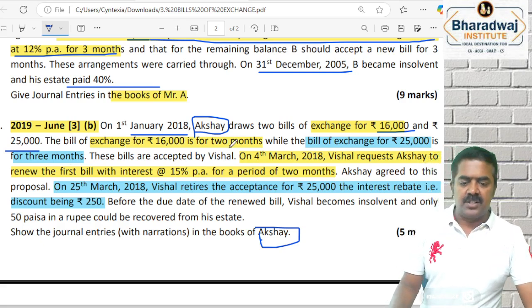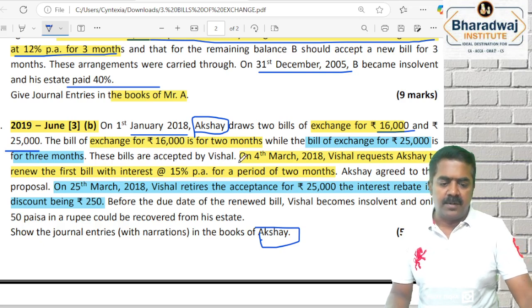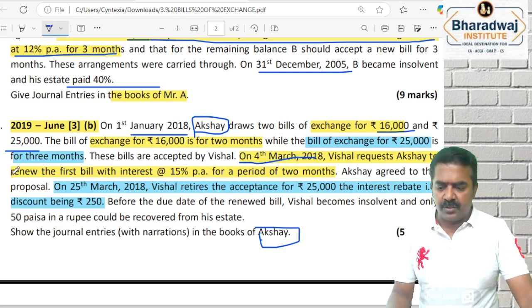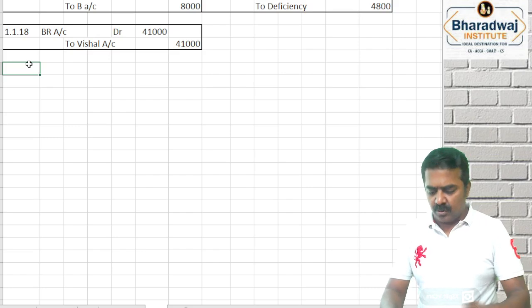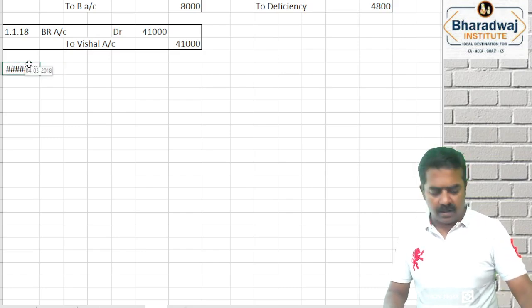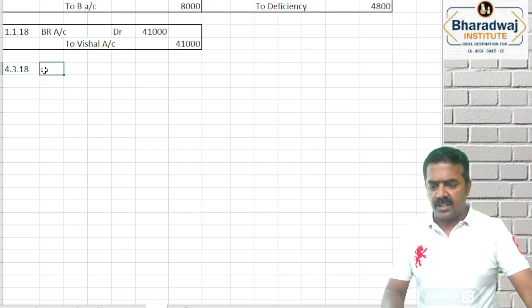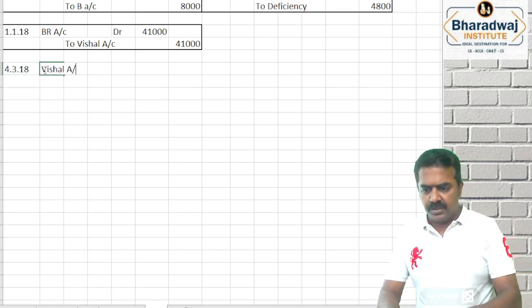First bill of exchange is for how many months? 2 months. Second bill of exchange is for 3 months. These bills are accepted. On 4th March, the first bill has to be renewed. So on 4th March 2018, cancel the first bill. Vishal account debit to bills receivable.